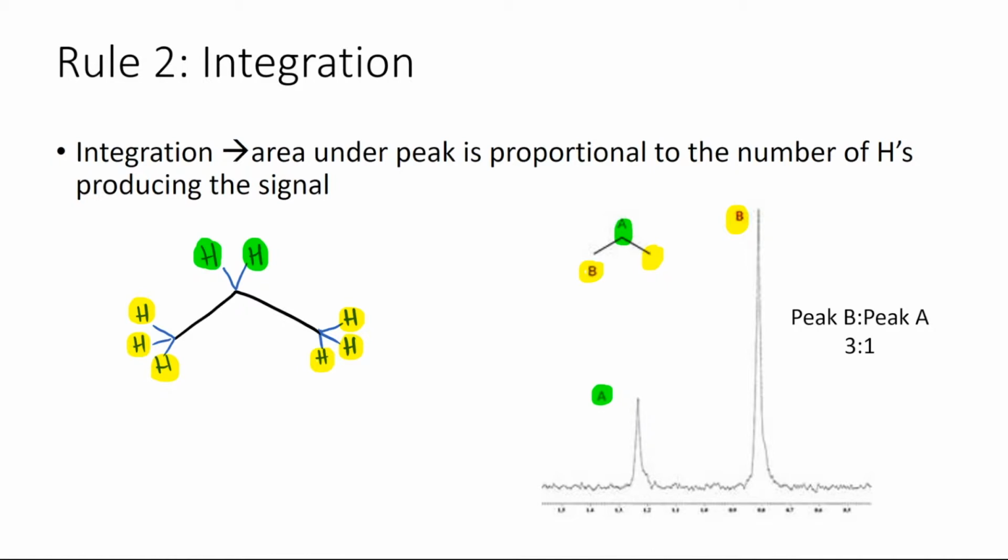If we were to find the area under these peaks, we'll find that the ratio of the area of peak B to peak A is 3:1. If we took the ratio of the number of hydrogens in each type, we find a 6:2 or 3:1 ratio also. So the size or intensity of these peaks also gives us a hint at what our compound looks like by telling us the proportion of hydrogens producing the signal.